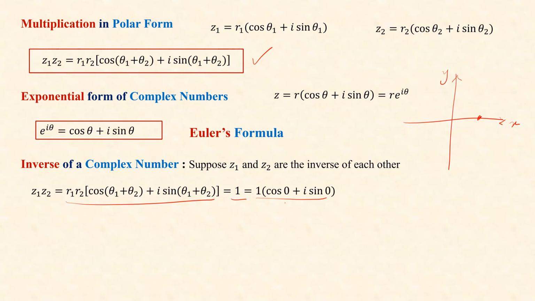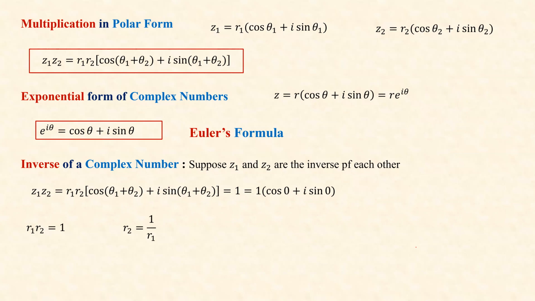But then you need to compare these two together: if this complex number is equal to that complex number, then the moduli should be the same and the angles should be the same. So r1 r2 is 1, so r2 is 1 over r1, and theta 1 plus theta 2 is 0. Therefore, theta 2 is equal to negative theta 1.